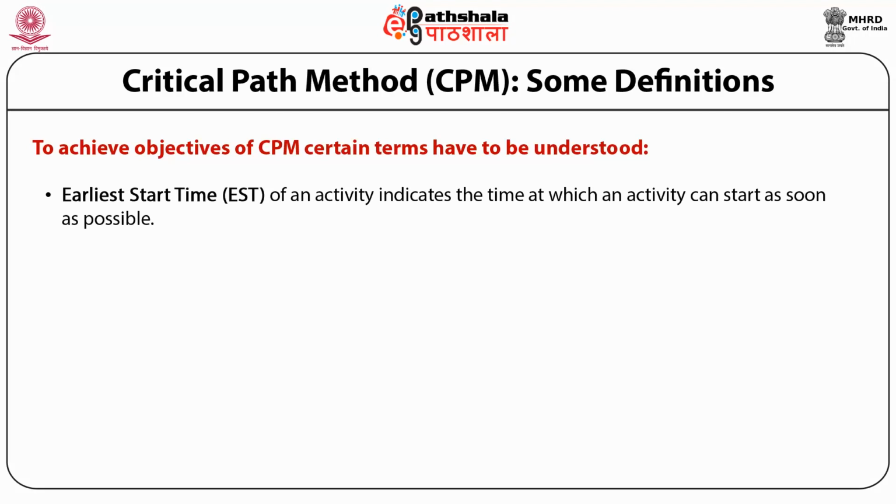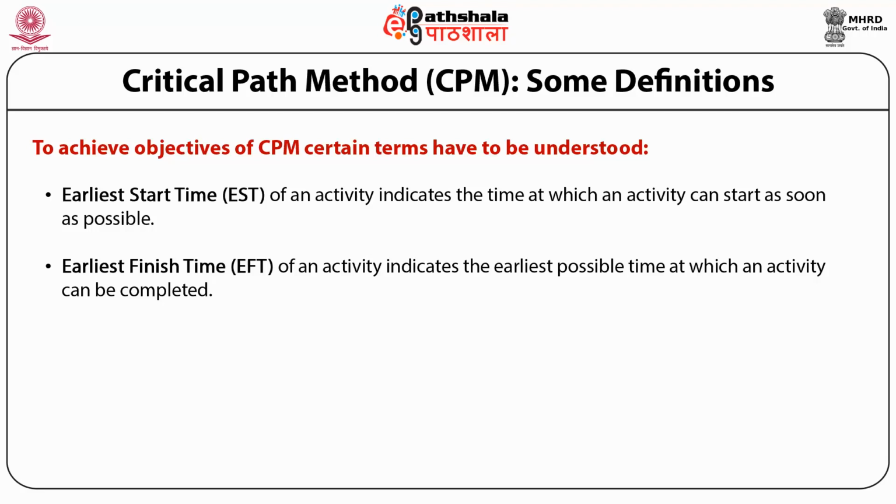Earliest start time (EST) of an activity indicates the time at which an activity can start as soon as possible. Earliest finish time (EFT) of an activity indicates the earliest possible time at which an activity can be completed. It is the sum of EST and duration of that activity. Calculation of EST is governed by the forward path rule.